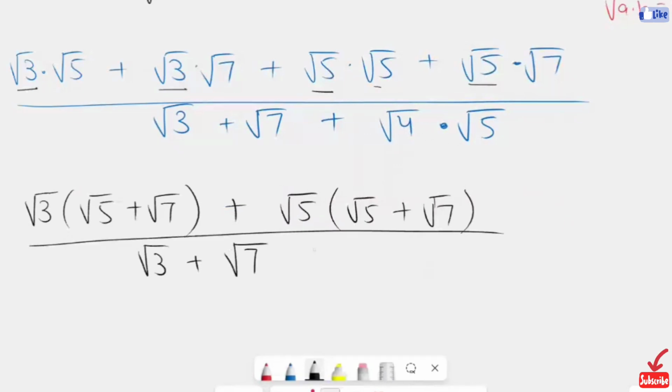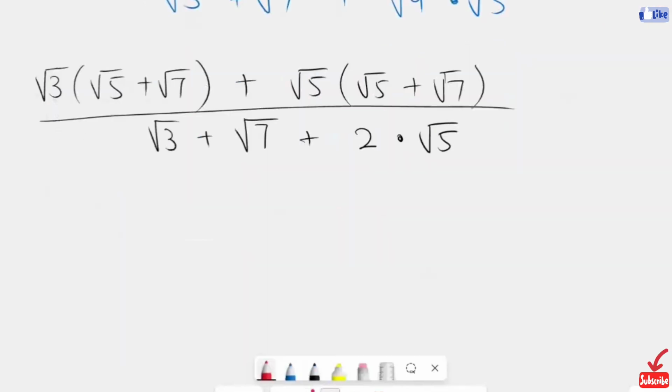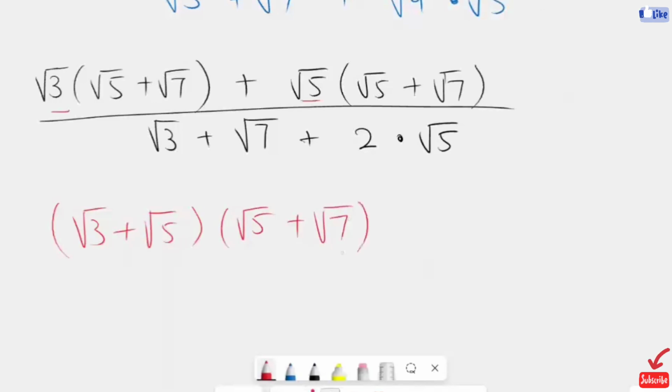Now here the value of root 4 is 2, so 2 times root 5. Next, I am going to write this root 3 and plus root 5 in the same bracket, and this one is common, so we can write root 5 plus root 7 over root 3 plus root 7.